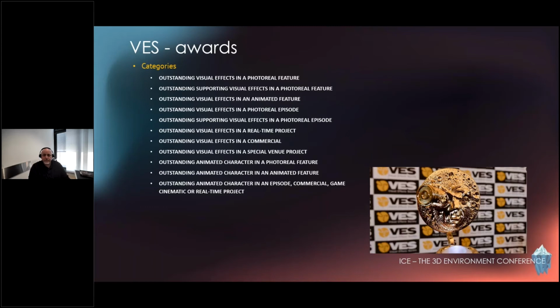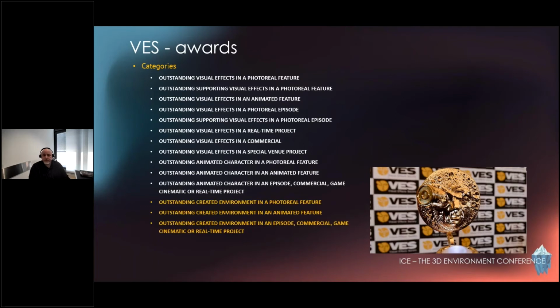This is one part of the categories that get a prize. I intentionally marked them because this is an environmental conference, and we have 3 categories that honor environments with a prize.